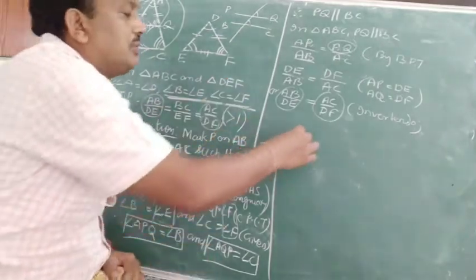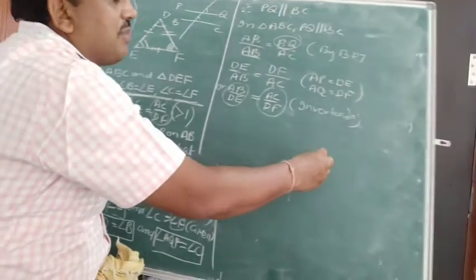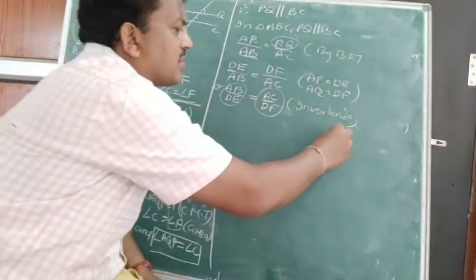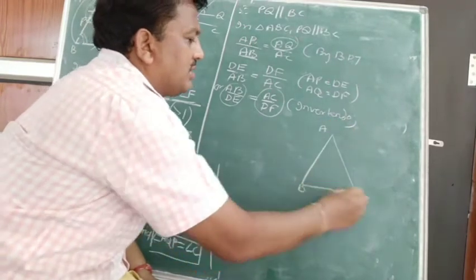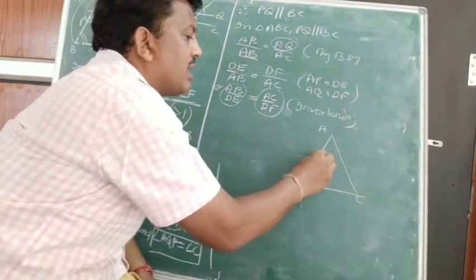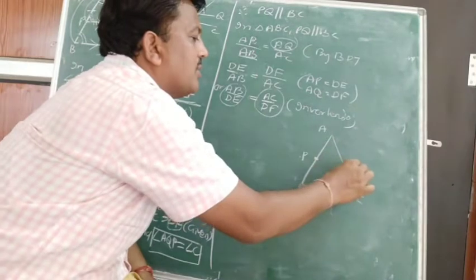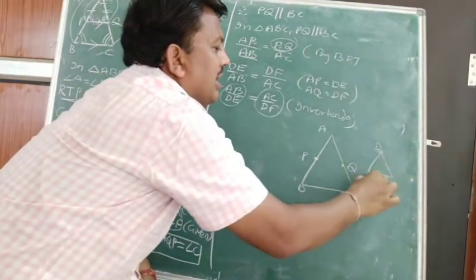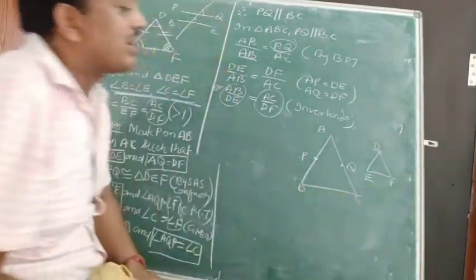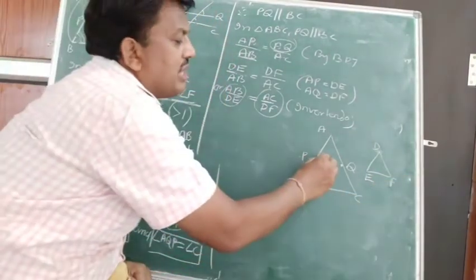See, children, I am going to make a figure here. Here I took triangle ABC, and I put here the points P and Q, and here it was D, E, F. So what I found, children, after joining these two?